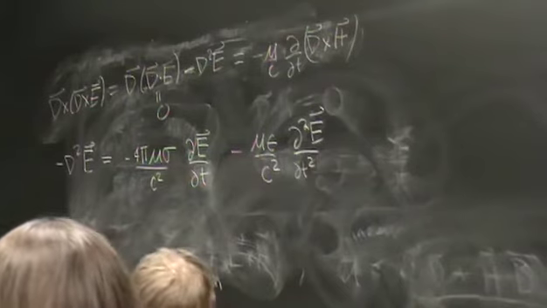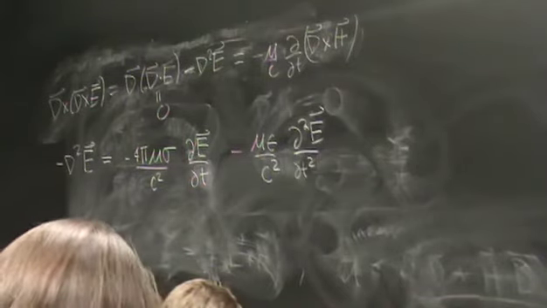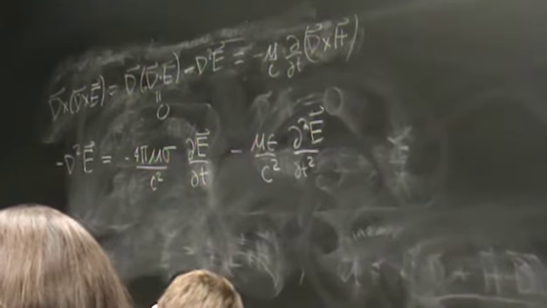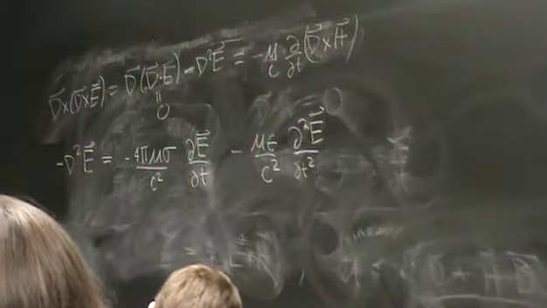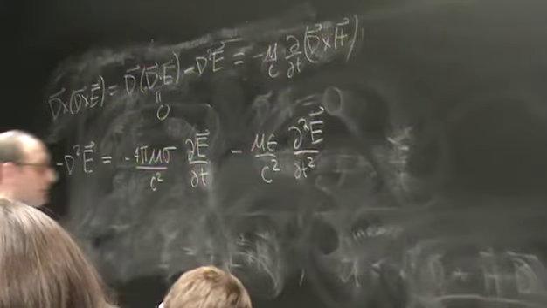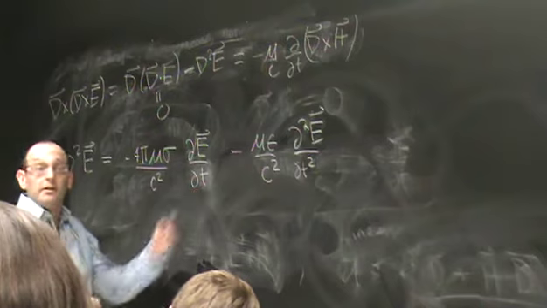Check that my sign is right. Looks good. Okay. So we have a modified version of the wave equation now, something perhaps you're not as familiar with. It has this first derivative term in it.